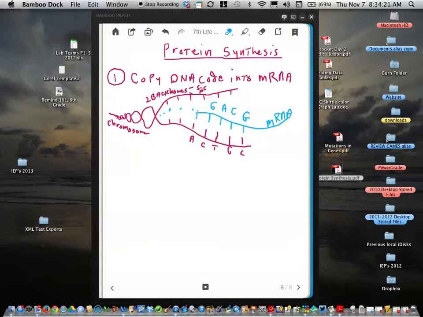where the A would normally bond to a T for thymine, RNA has no thymine. Instead of the thymine, it has a uracil molecule. So U is uracil.